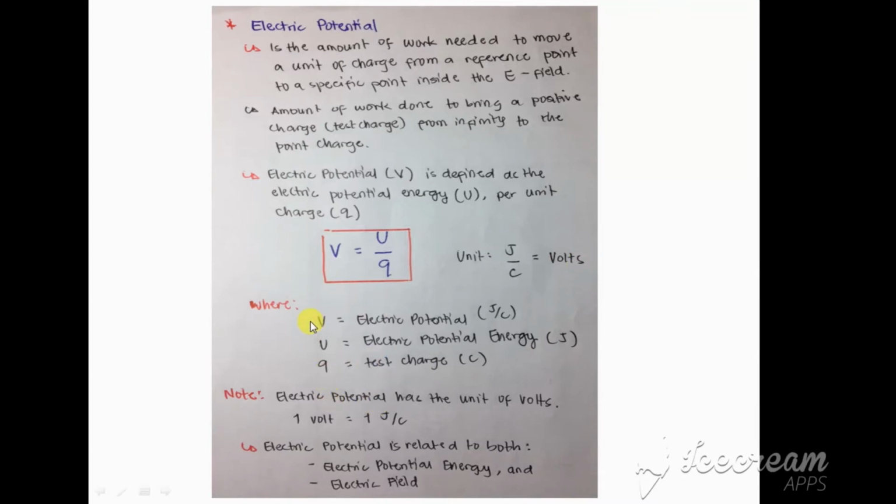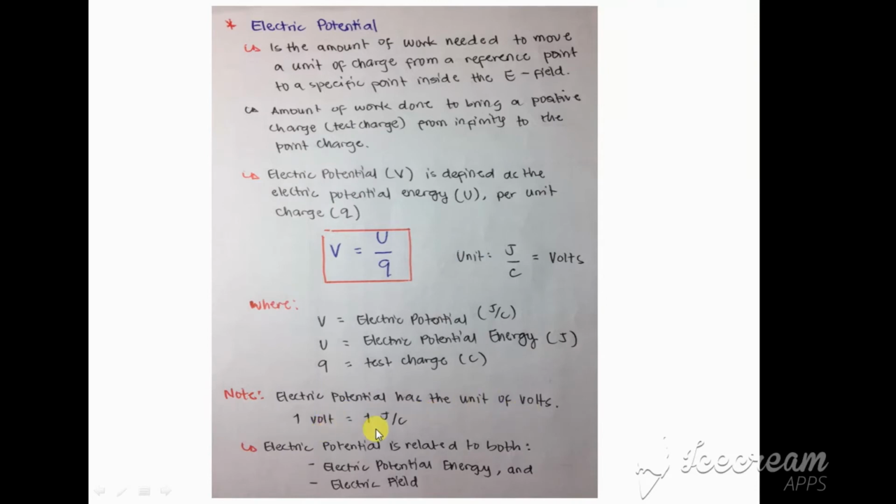Okay, so V here is the electric potential, in joules per coulomb, or simply volts. U is the electric potential energy in joules. Q is the test charge, which has a unit of coulombs. Now, note that electric potential has the unit of volts.